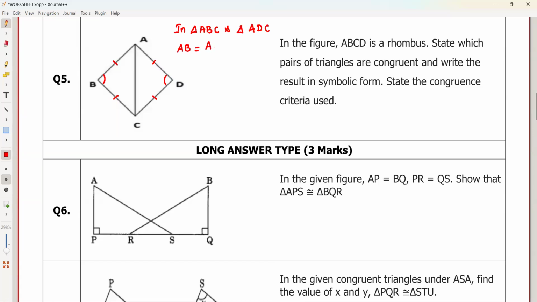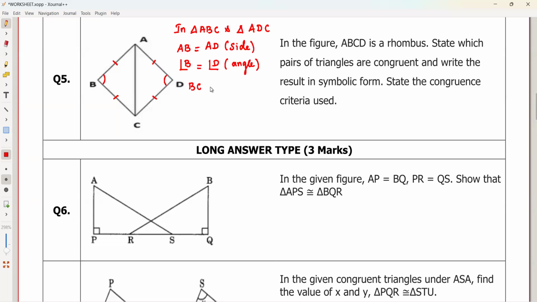We can write that. That is the side. Next, angle B is equal to angle D. Now we can write that these are opposite angles. In a rhombus, they are equal. Okay. Next one.